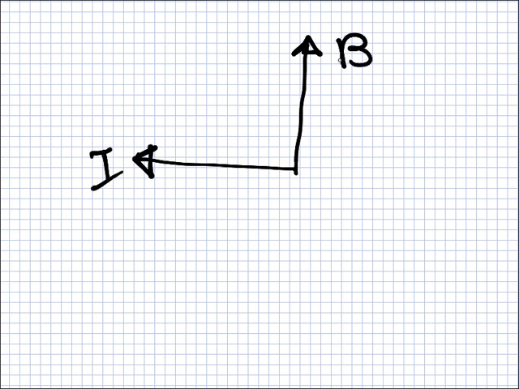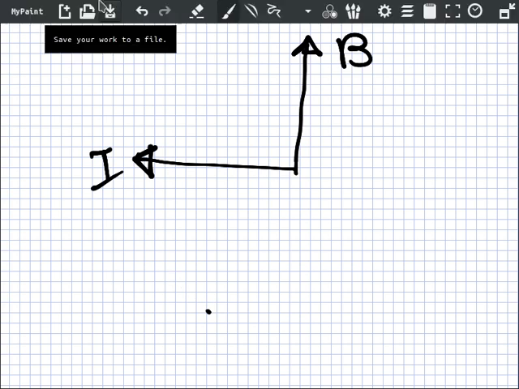They want to know what direction is the F. Now, it's the left-hand rule. So B is up, I is left, so F is in.